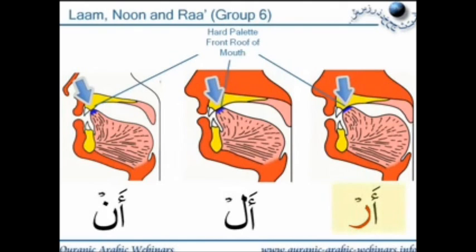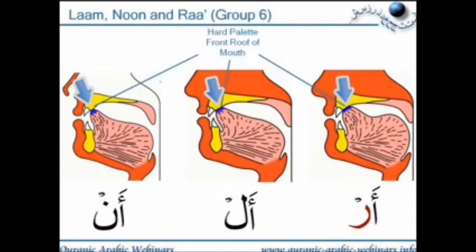The ra, with a fatha on the letter before it, if it carries sukoon, goes into a heavy letter, i.e. it's tafkhim. The tafkhim is really done by lifting the back of the tongue a little bit. So you say ar, ar.